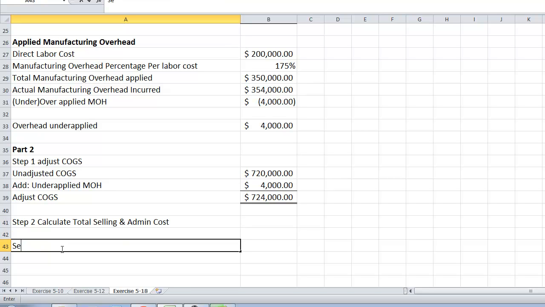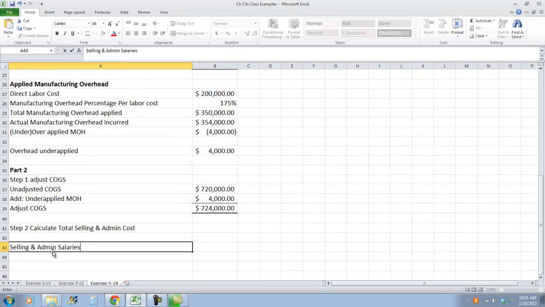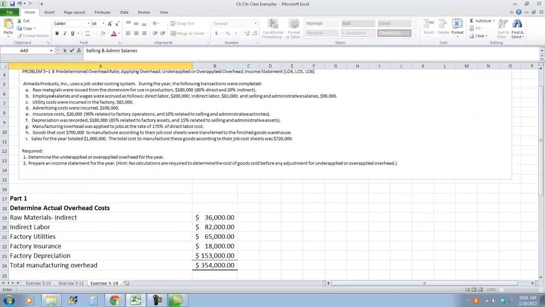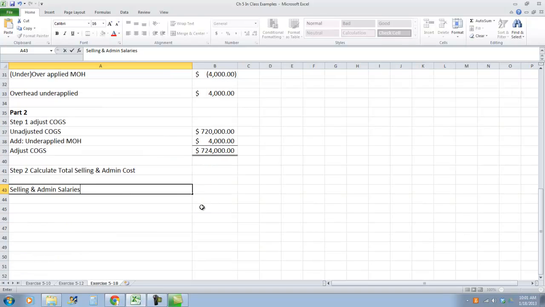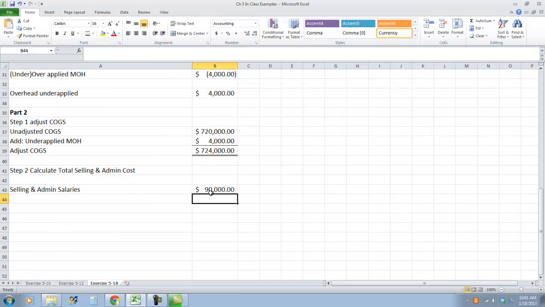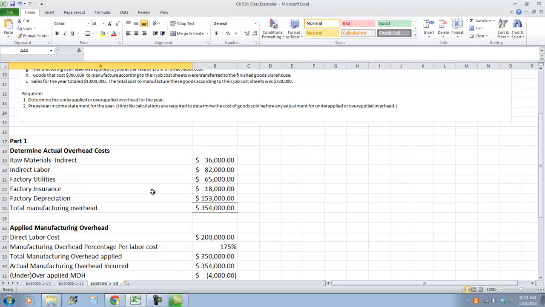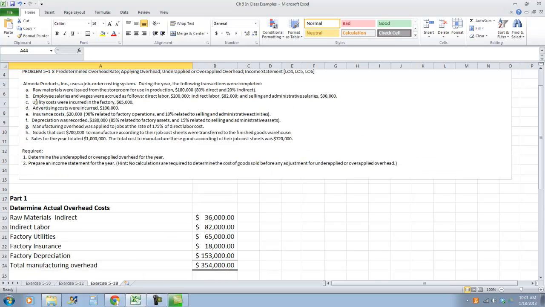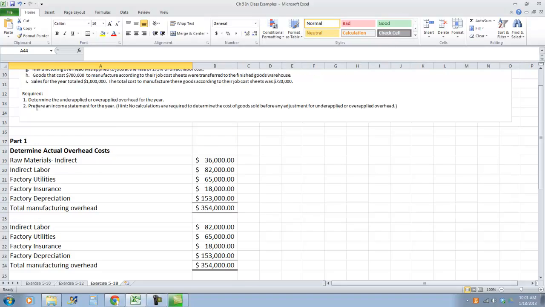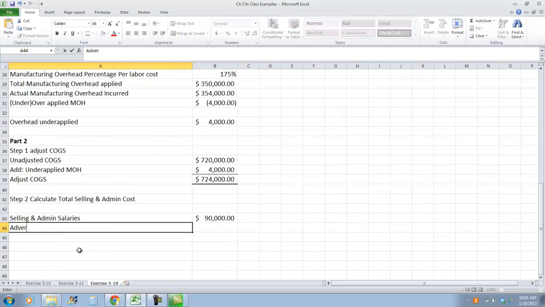We have selling and admin salaries, I think was the first thing. We go up here, we had employee salaries, selling and admin, 90,000. All right. Let's see what else we had from these costs. Utilities were part of overhead. Advertising costs, that's selling and admin, 100,000.